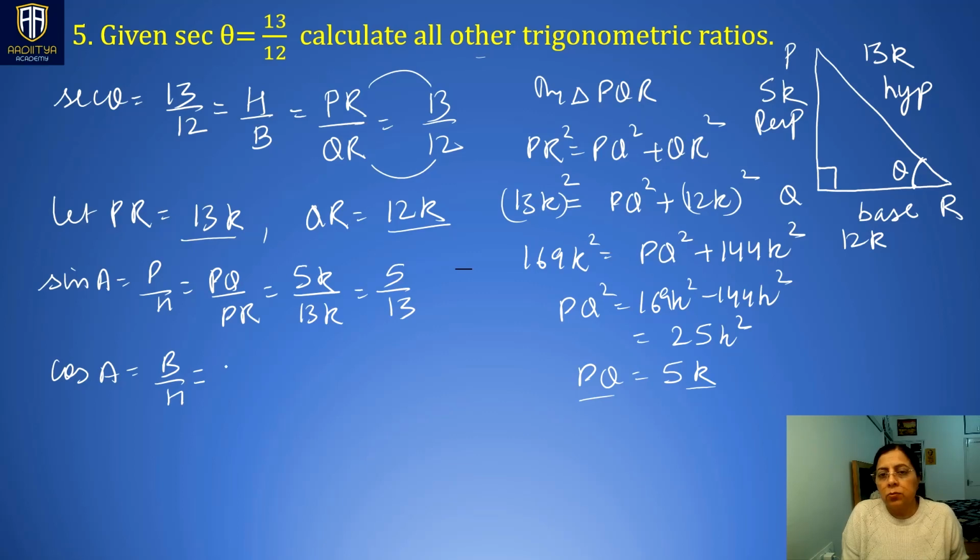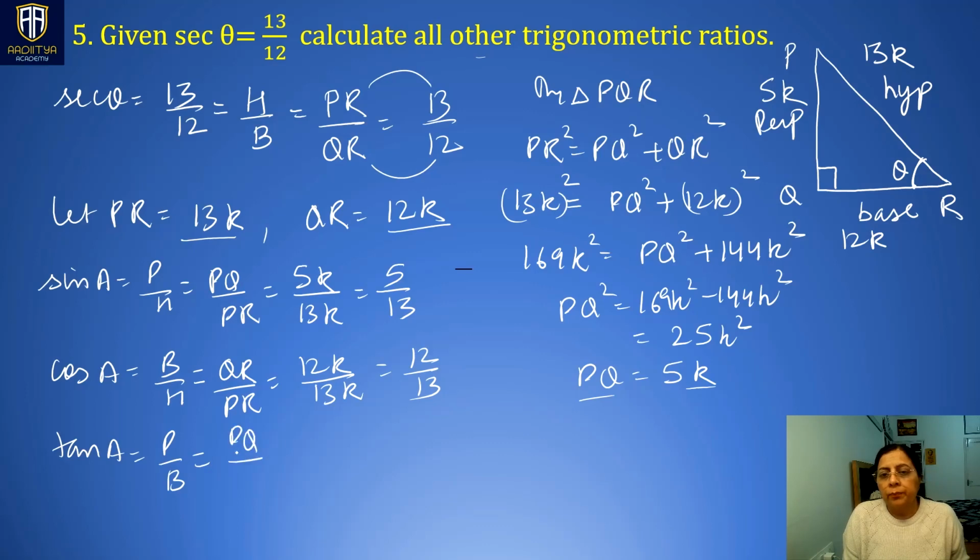Base here is QR, and this is PR. So we have 12K over 13K, which is 12 by 13. Then we have tan of A, the ratio of perpendicular and base. Perpendicular here is PQ, base is QR. So this is 5K over 12K, which is 5 by 12.